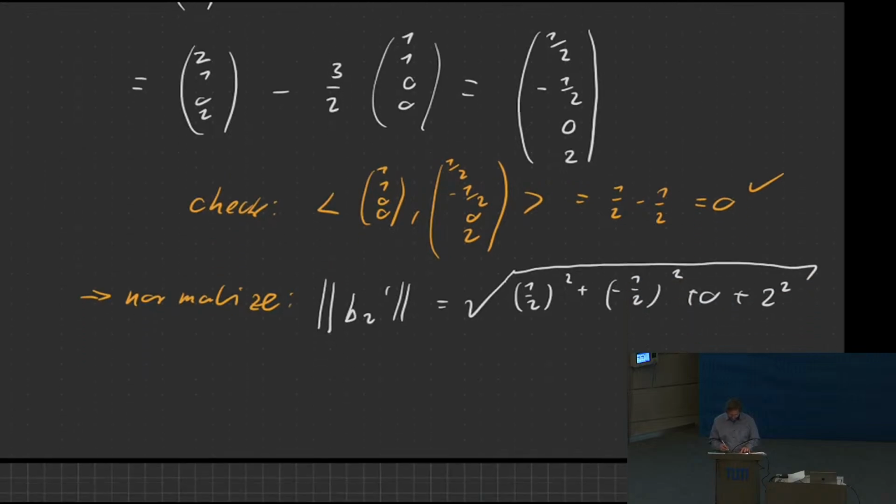So that is the square root of 1/4 and 1/4, that's 2/4, or 1 over 2, plus 4. 4 is 8/2, so I get 9 over 2. And the square root of 9 is 3, so I get 3 times 1 over the square root of 2, right?